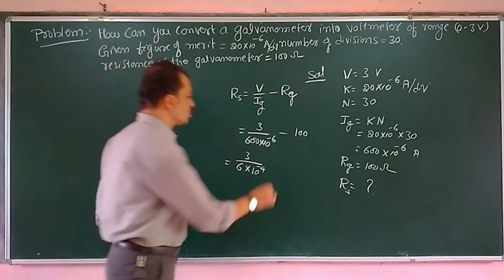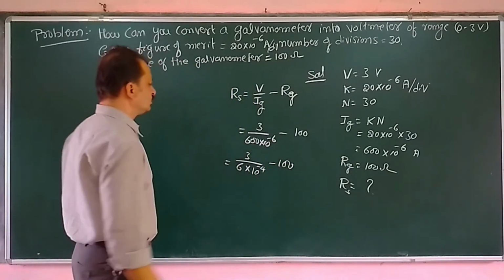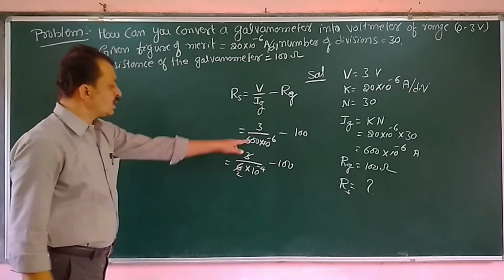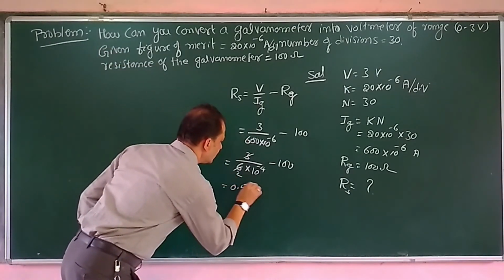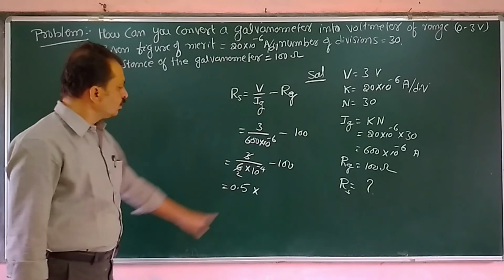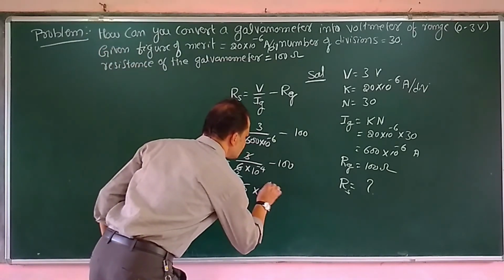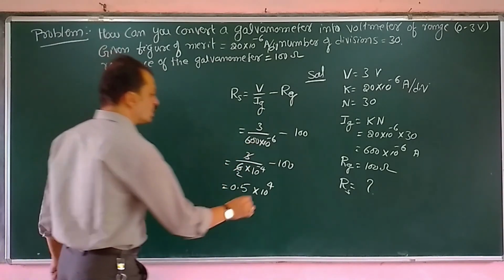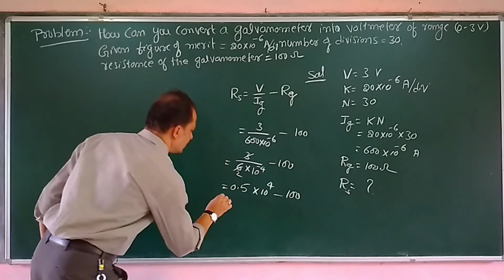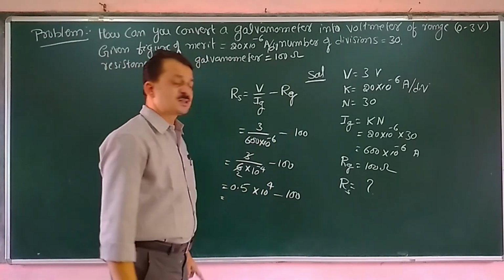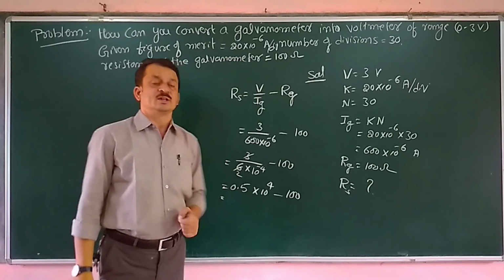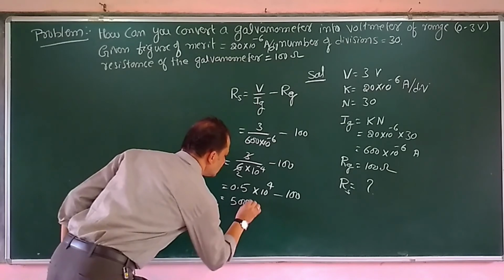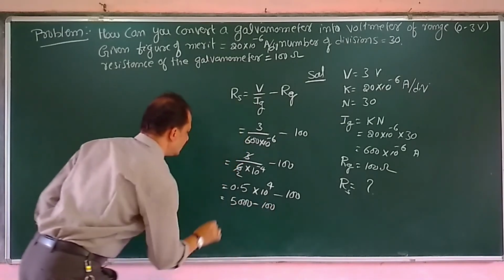So it is 10 to the power of minus 4 minus 100. 3 by 6 is 1 by 2, that is 0.5 into 10 to the power of plus 4. 10 to the power of 4 means it is 10,000. 10,000 into 0.5 is 5,000, minus 100.